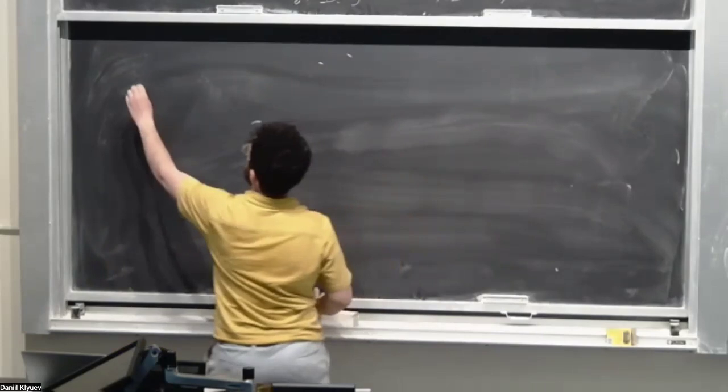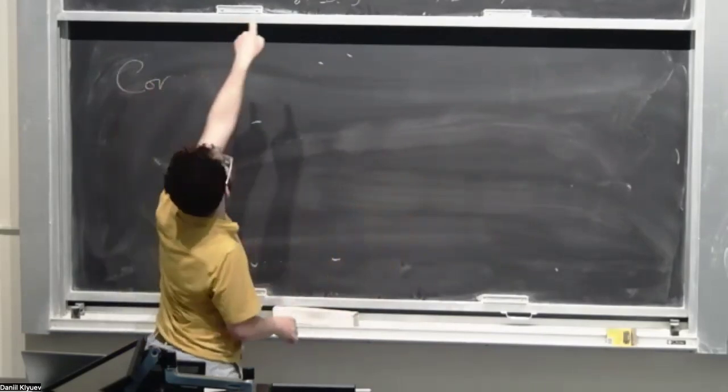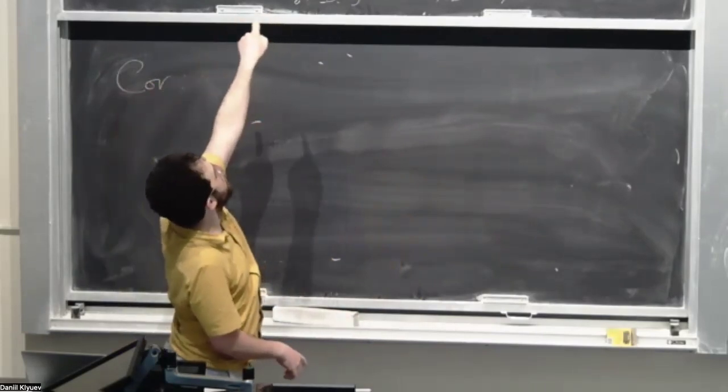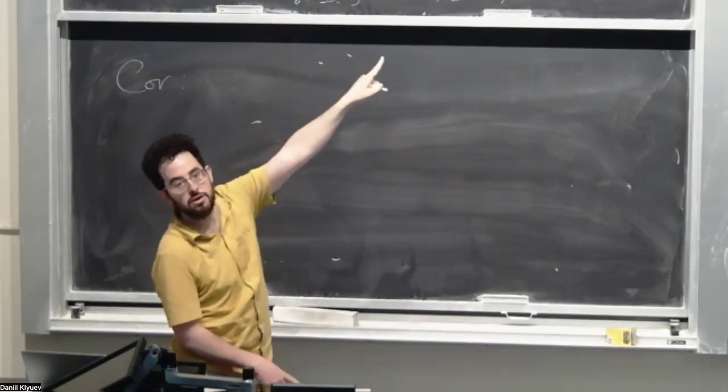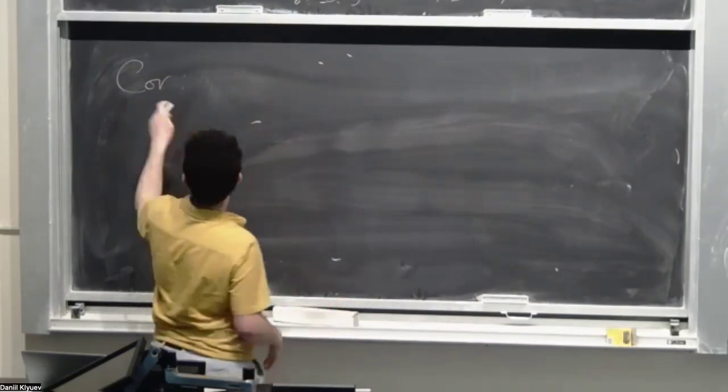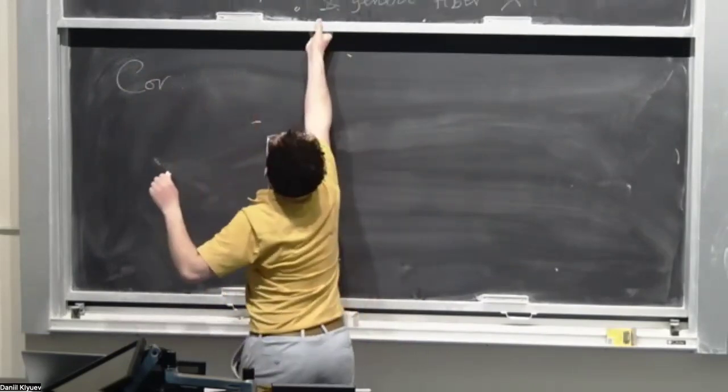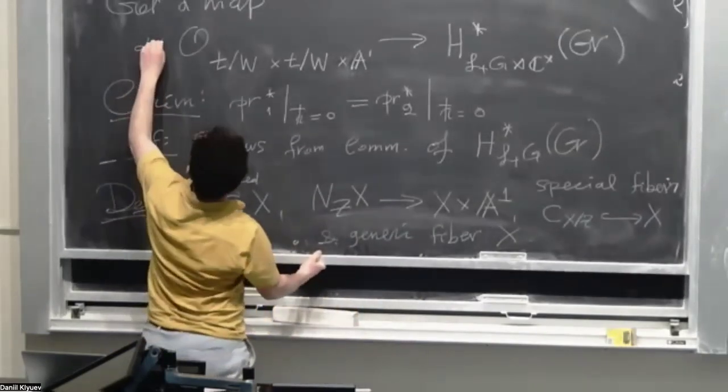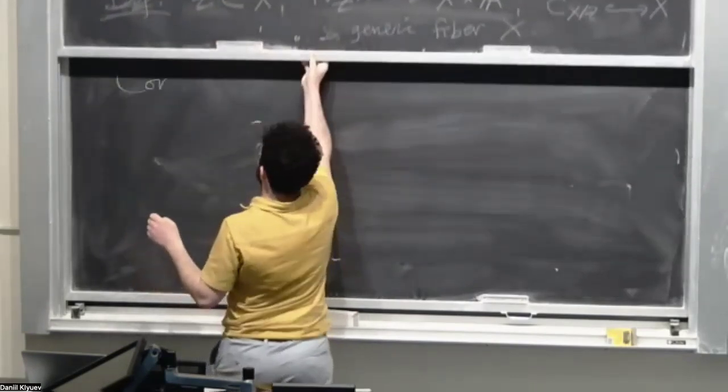So in our case, the subvariety is just going to be the diagonal. So, corollary: we know that when you just go to 0, the two projections will agree, so we can actually restrict it to the diagonal. Let's call this map alpha or alpha tilde.